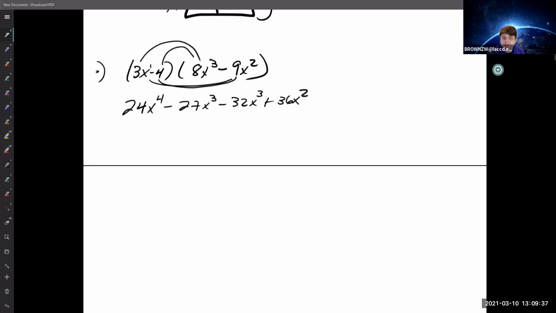Once again, we look for any like terms here. I have common x cubed, so we'll combine those. And the minus 27 minus 32 add together to give me minus 59x cubed plus 36x squared. Now we have just one, slightly higher powers.